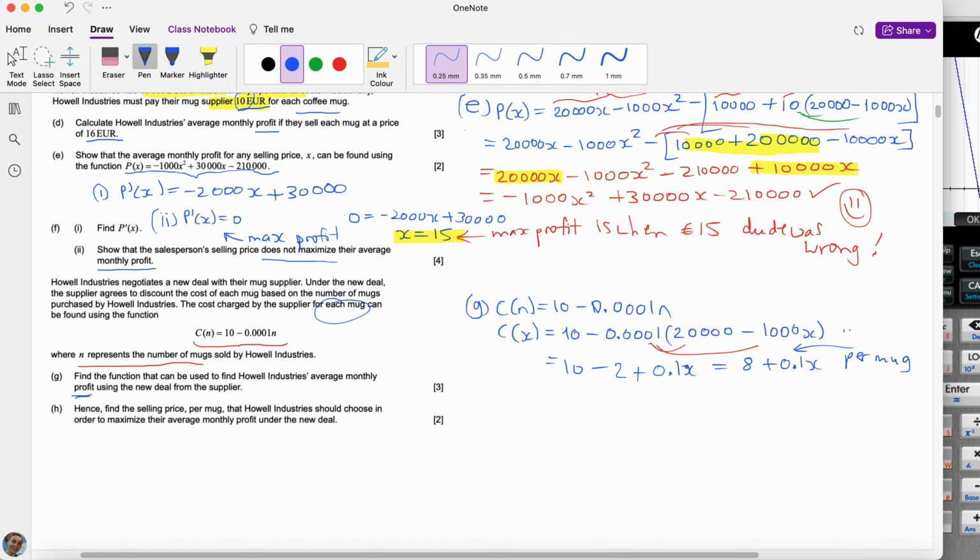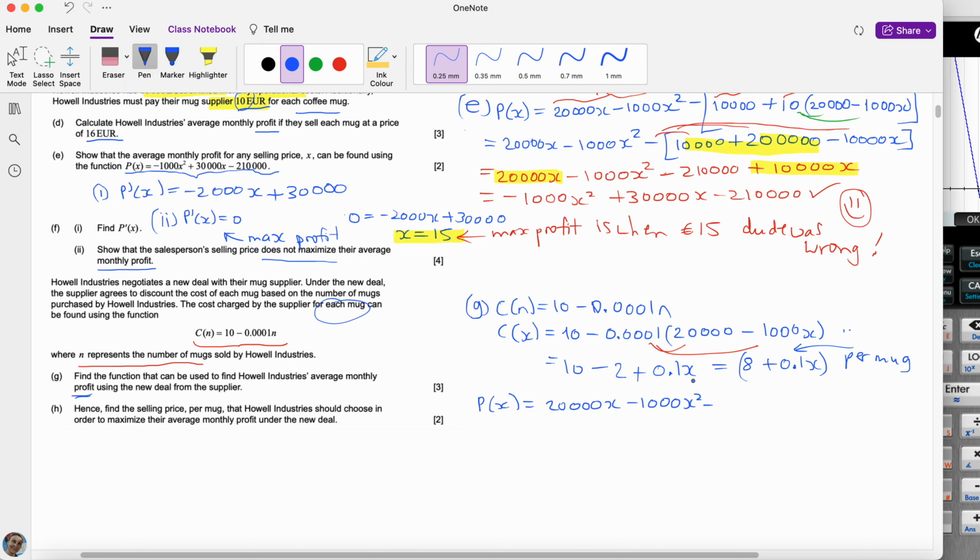So if you want your total cost, then you're going to have to multiply this by the number of mugs that we're making, which is up there, and then add 10,000 to it, okay? So for our profit, we're still going to have our big revenue. And our revenue is still that function, right?